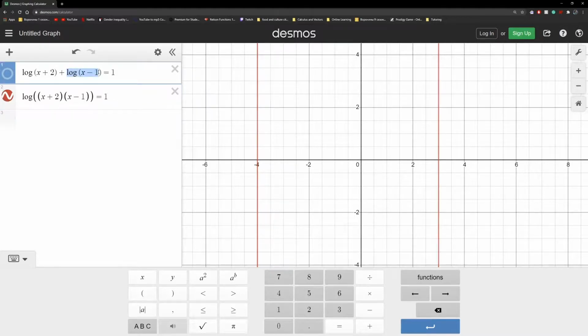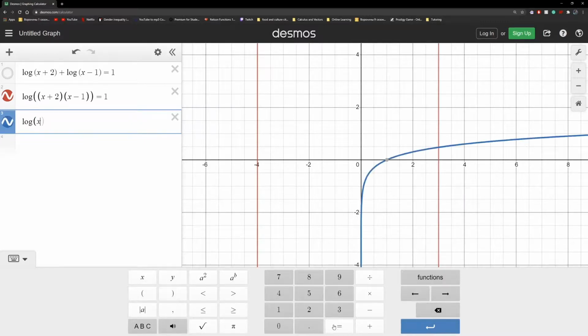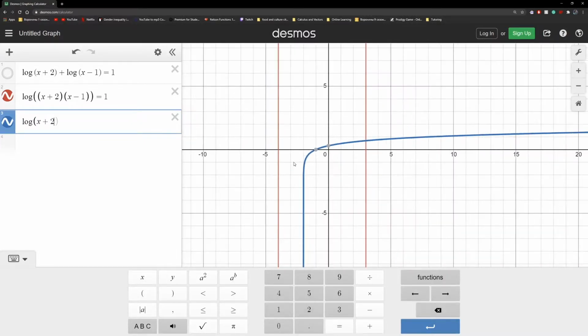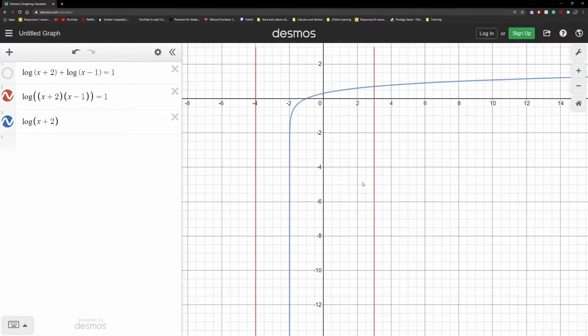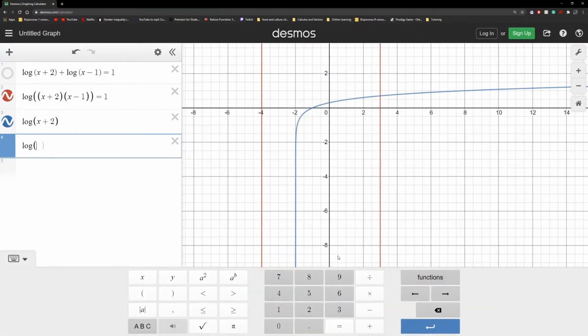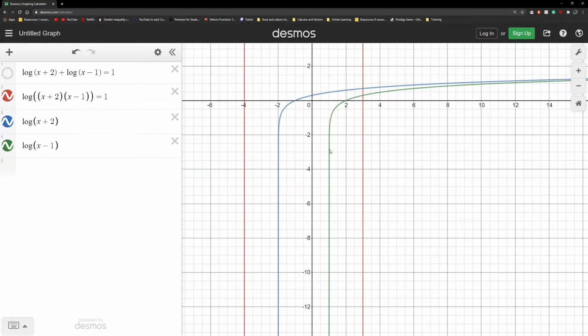But in the respective ranges of these two functions, that does not exist. So log of x plus 2, see, we can't have a -4. They'll never touch -4. So that's impossible. And then log of x minus 1, it's even farther away.